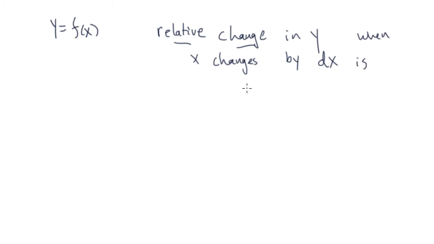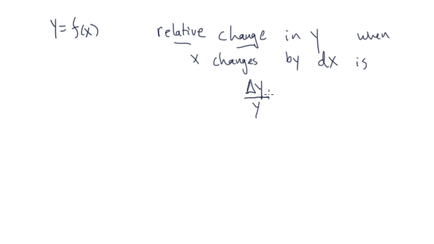Well, it's the absolute change divided by y. Okay, so what are we doing? Well, this is sort of like the difference between accuracy and precision. Accuracy is like delta y, that's just your absolute change. Your relative change is kind of a level of precision.